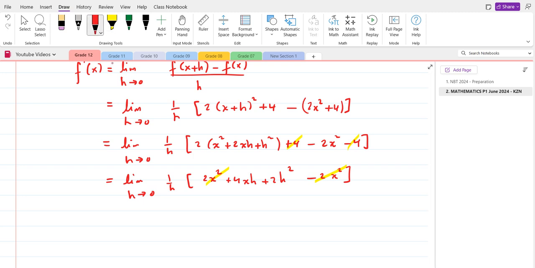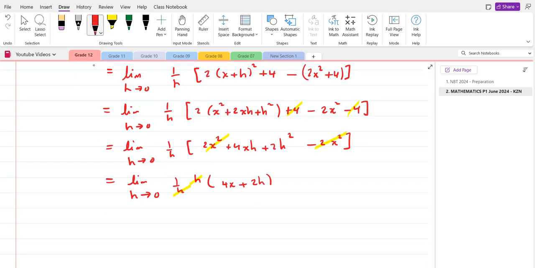Limit as h approaches 0 of 1 over h. We can take out h as a common factor, and we're left with 4x plus 2h. Now the h and the h cancel out, and we are left with limit as h approaches 0 of 4x plus 2h, which is basically equal to 4x.